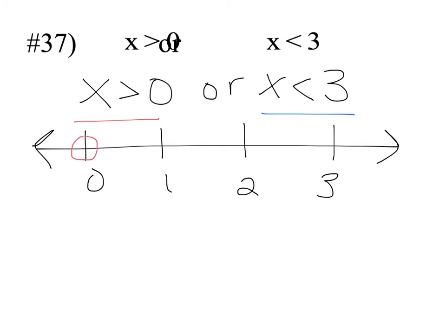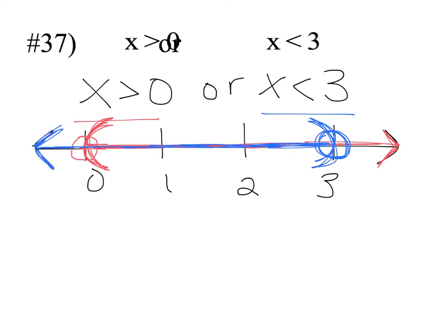So red, we've got an open circle here, and we're shading the way the arrow is pointing because our variable's first. And then blue. Oh, and make sure you don't forget to do your parentheses because we're doing new symbols now, right? And then open circle at 3 for blue, which is a parenthesis. We're going this way.